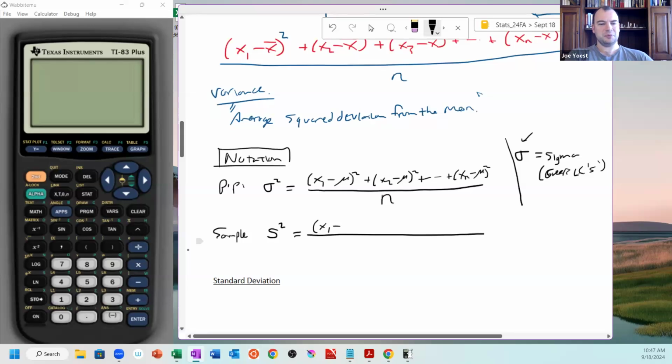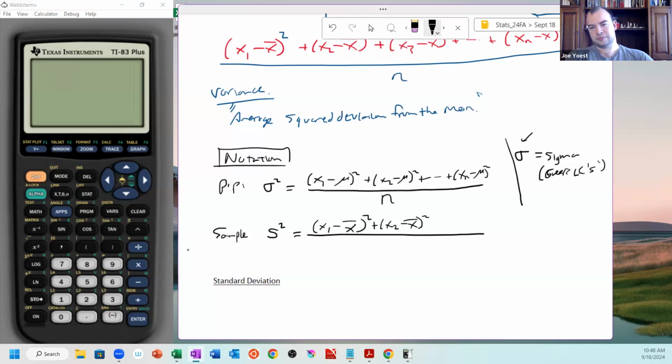Now, since we're in a sample, I'm going to call the mean x bar instead of mu, so x bar. So I still have in my numerator the sum of the squared deviations from the mean. In my denominator, though, I end up having to divide by n minus 1.